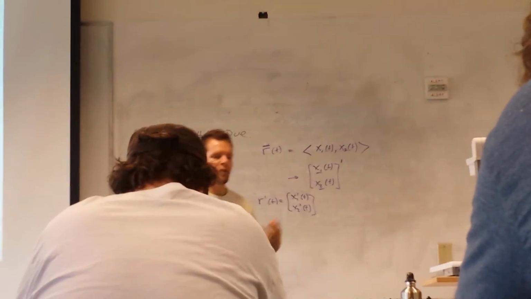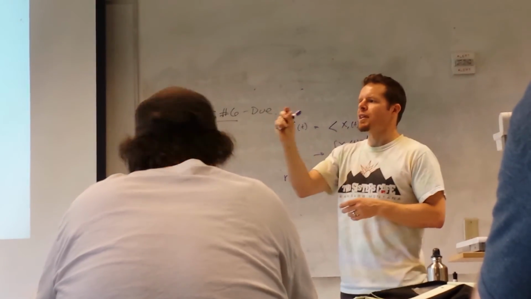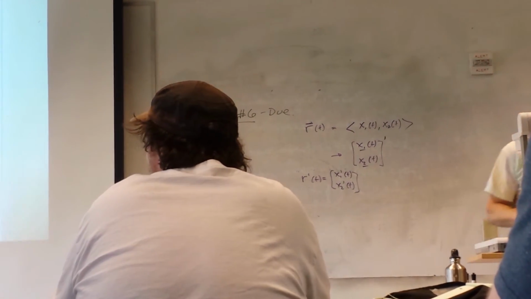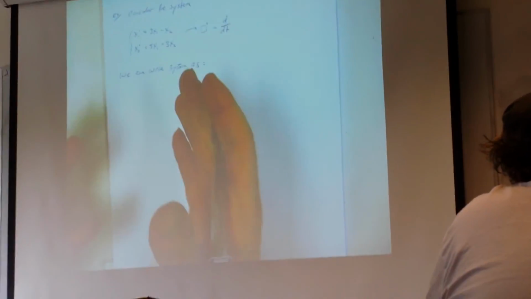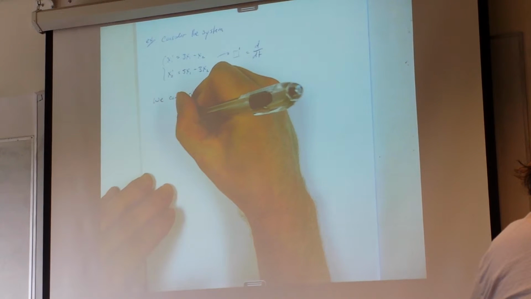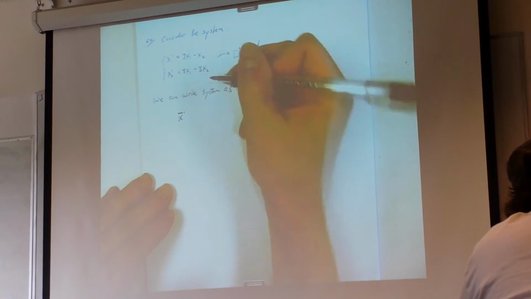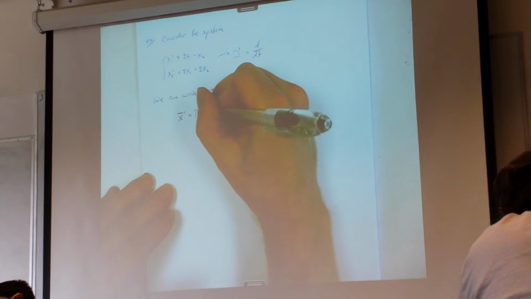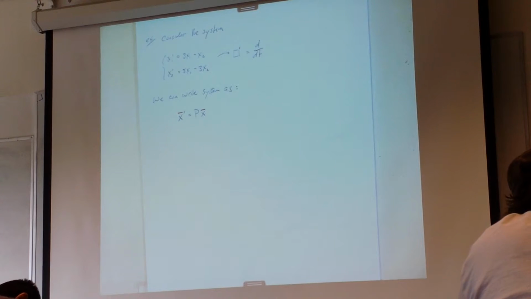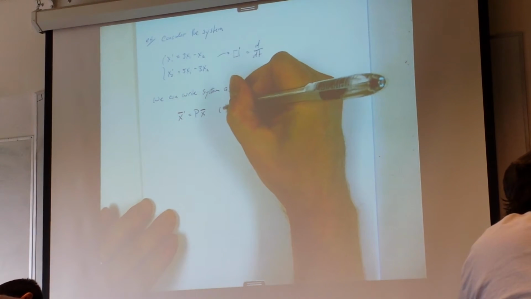Same thing with a matrix: the derivative would just be the derivative of each entry. The big reason we write things this way, especially for 3 by 3 systems, is the sheer volume of stuff you'd have to write otherwise. So x prime equals P x. I'm going to call that equation 1.